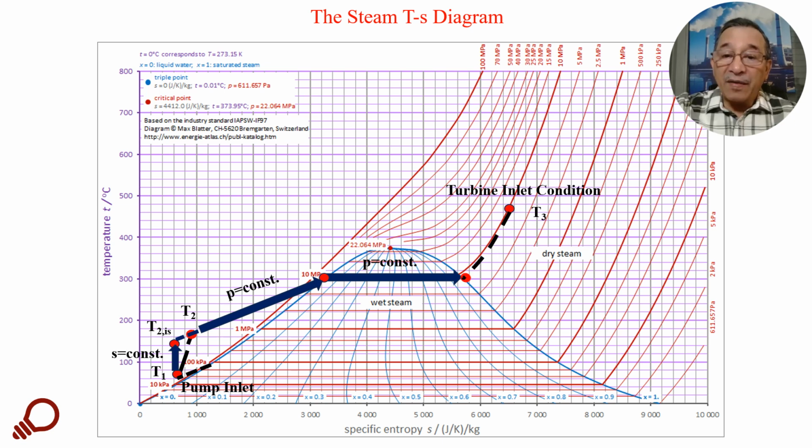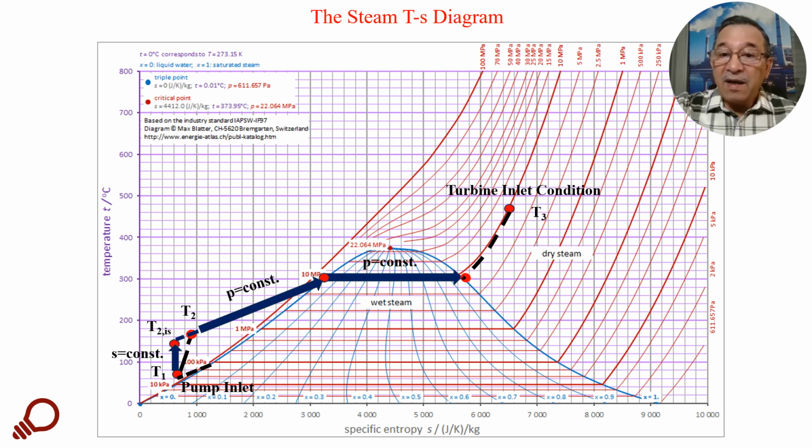And after that, in the boiler, usually it is superheated to a temperature, which is represented by T sub 3. And in boilers, usually the temperature is so high, maybe 560 Celsius or more, and the pressure is high as well.